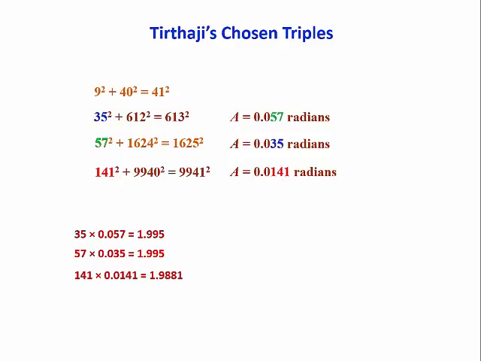So suppose we call the first number a. Then we could say that a times A, where a is the first entry of the triple and capital A is the angle, equals 2, approximately, for small angles. And the smaller the angle, the more accurate this equation is.